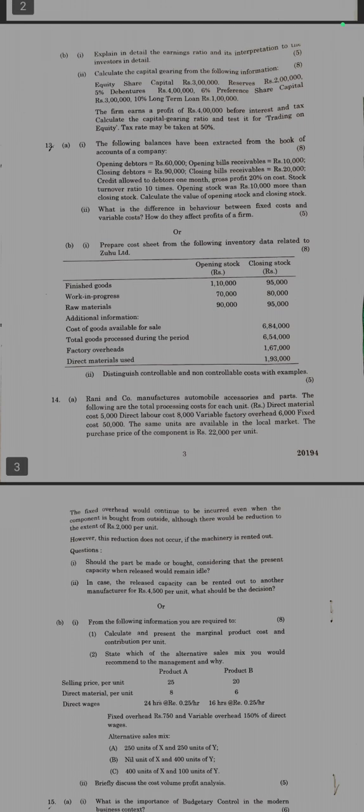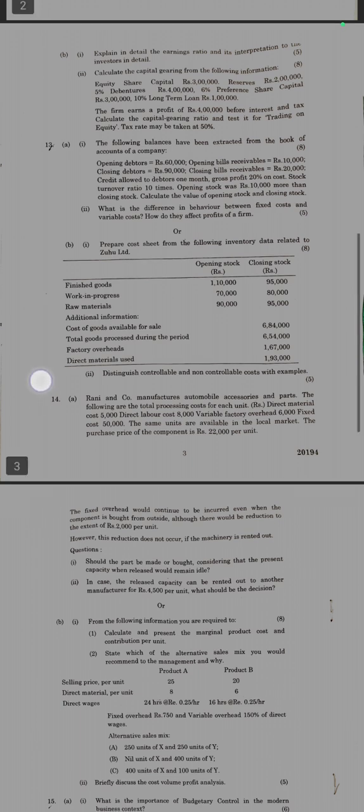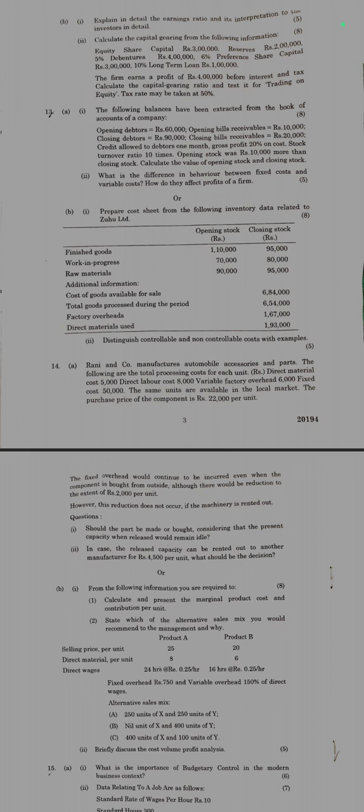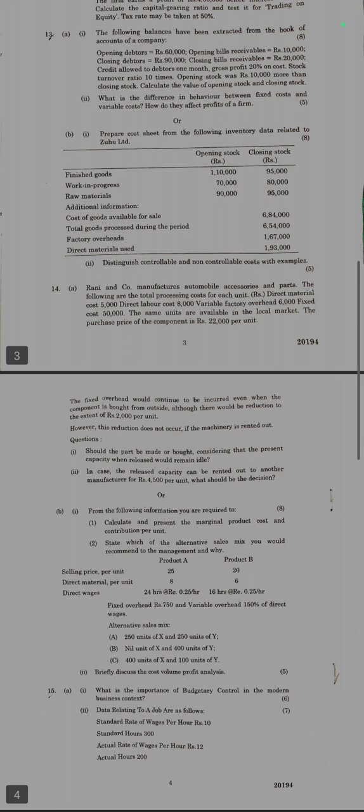14th question: Rani and Co. manufacture automobile accessories and parts, and the following are the costs of direct labor, variable factory overhead and fixed cost. The same units are available in the local market. The purchase price of the component is 22,000 per unit. The fixed overhead would continue to be incurred even when the component is bought from outside, although there would be a reduction to the extent of 2,000 per unit.